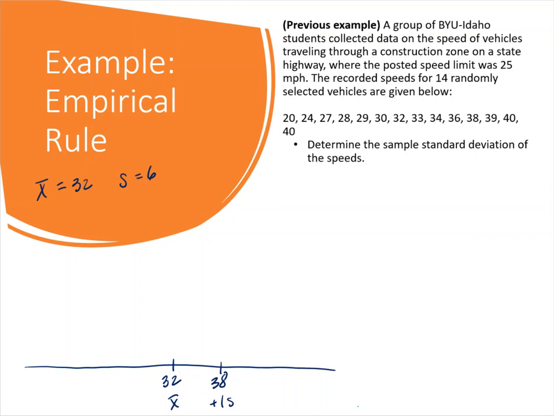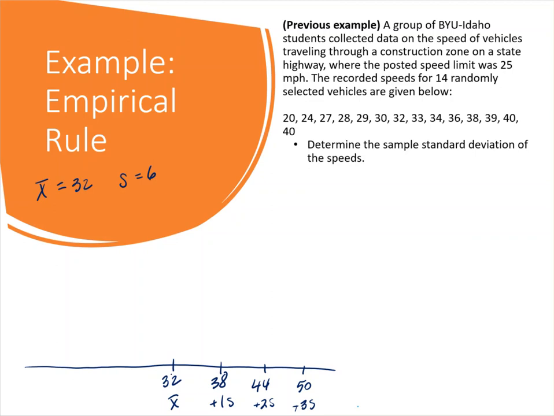Now let's add 6 more to 38 and we should be at 44, which is 2 standard deviations above 32. Let's add 6 more to 44. We are at 50. That's 3 standard deviations above the mean.